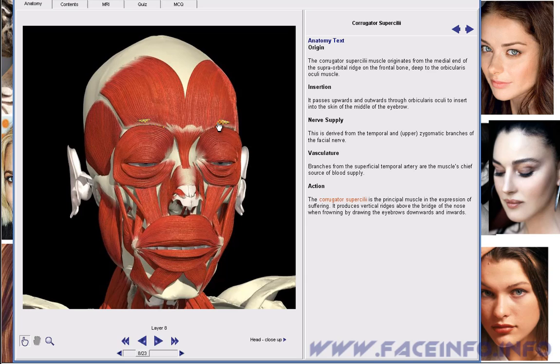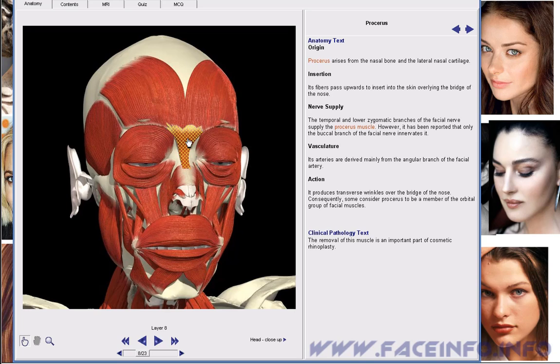If they are big, the bulge will be bigger. And below there is the procerus muscle, I don't know how to pronounce, that starts from the nasal bone and the lateral nasal cartilage, goes upwards and is attached to the skin above the root of the nose.